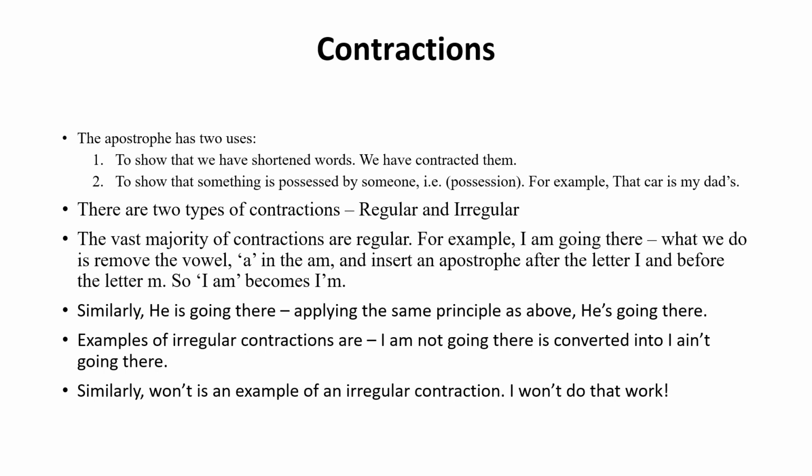Examples of irregular contractions are I am not going there is converted into I ain't going there. Similarly, won't is an example of an irregular contraction. I won't do that work. Now, won't, remember, is the contraction for the words will not. Okay, let me write it down over here.